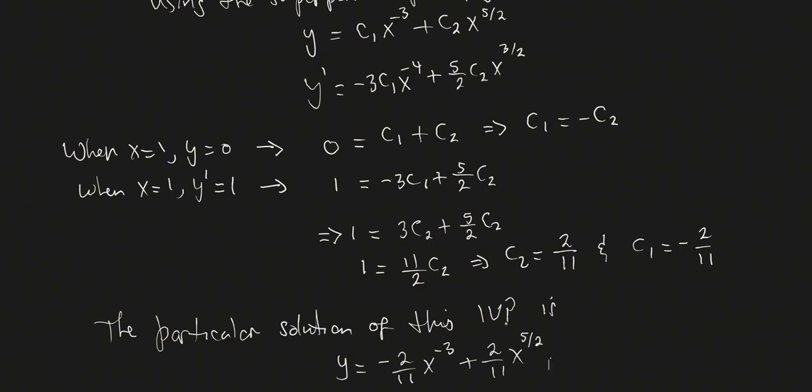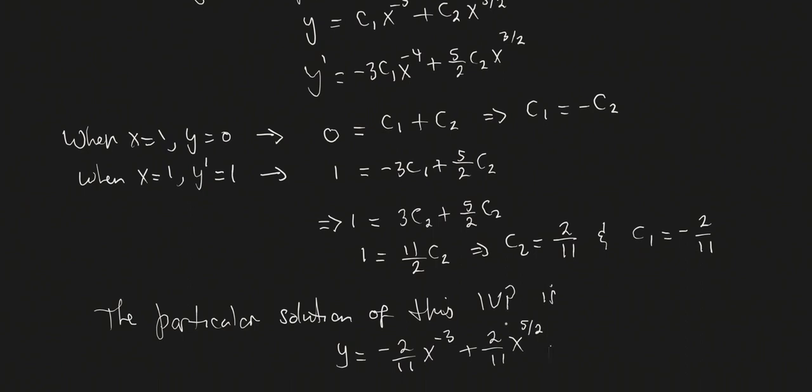All right. So there you go. So the big difference is, process-wise, it's the auxiliary equation and the types of functions that will form the basis.